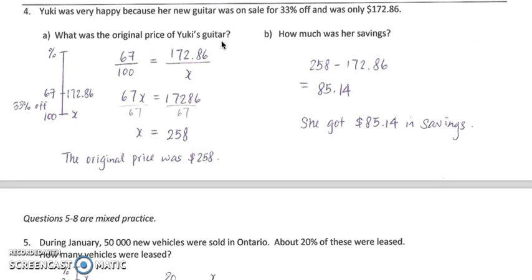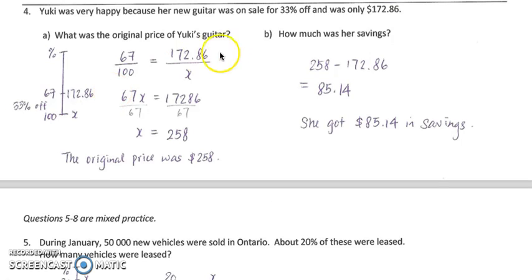Well, 33% off is 100 minus 33%, so it really is 67% out of 100. She paid $172.86. This is what we call the sale price. So that matches with the discount, which is 67. So now we are looking for the whole, the original price.